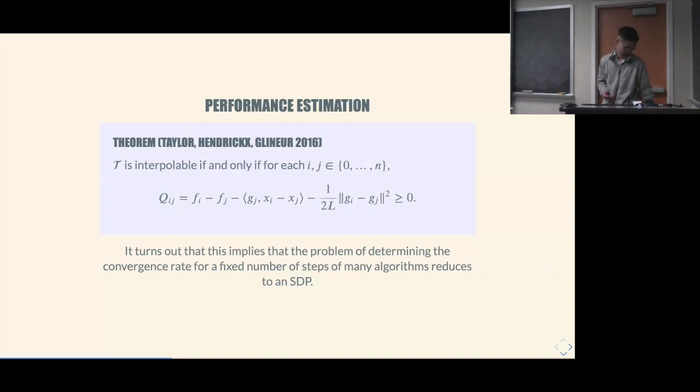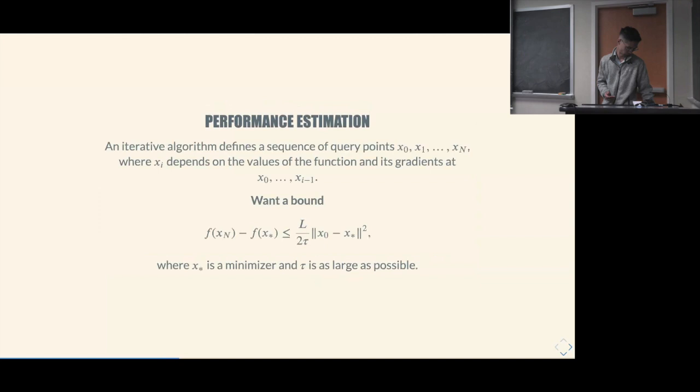So this forms the basis of a technique called performance estimation for proving bounds of this type. If you imagine your iterative algorithm as defining a sequence of these points, x0, x1 through xn, then we want a bound of this form where tau is as large as possible.